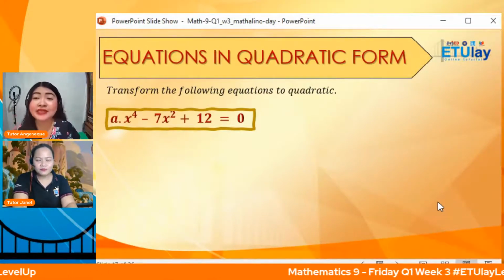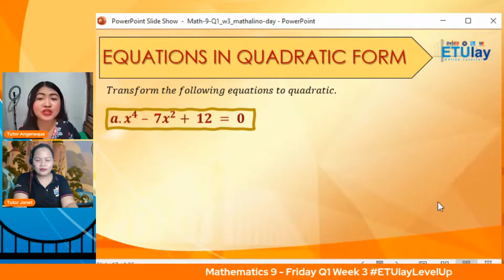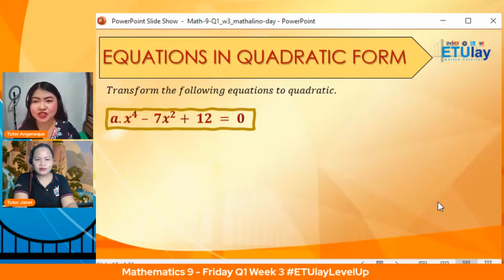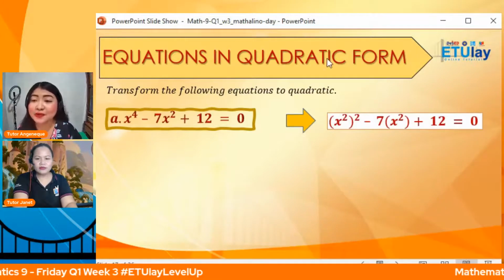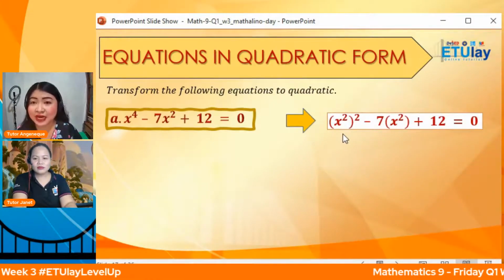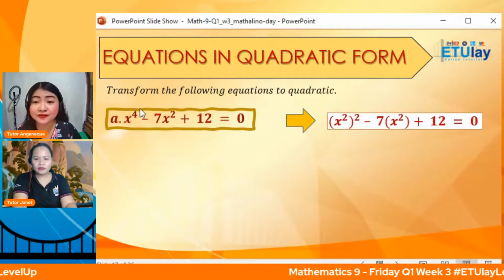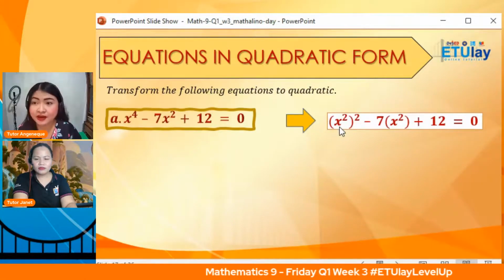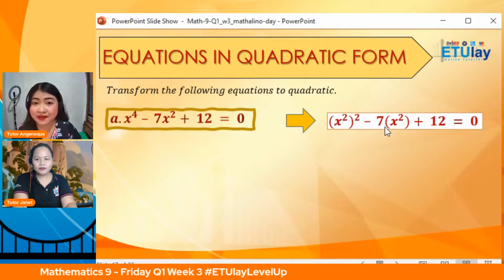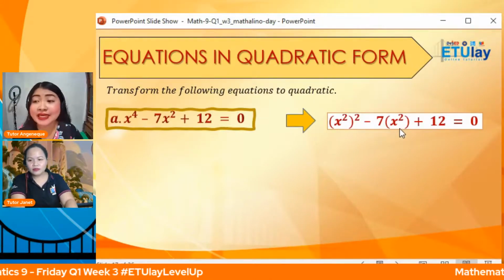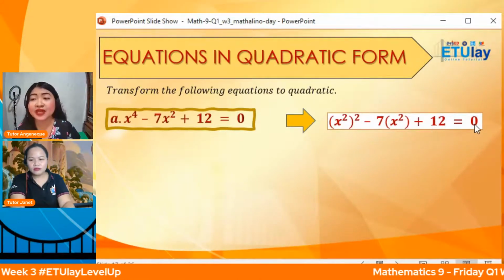But we can solve this one through the use of quadratic equation. Alright. Why? Pwede po natin siyang i-factor, wherein x raised to 4 is x squared raised to 2 minus 7 times quantity x squared plus 12 equals 0.